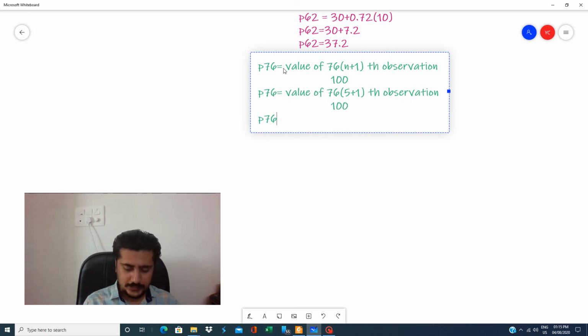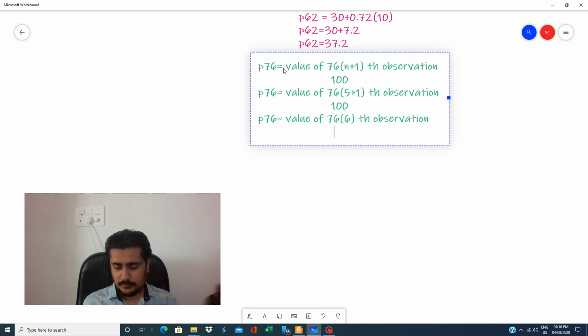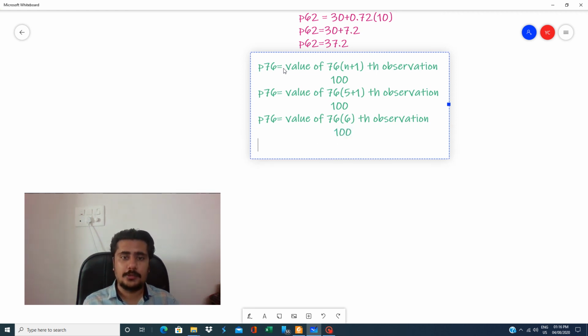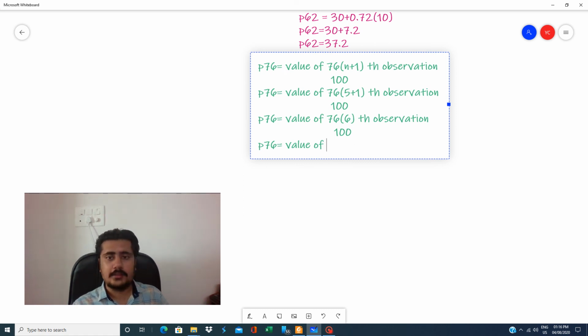So P76 is value of 76 into 6 upon 100th observation.